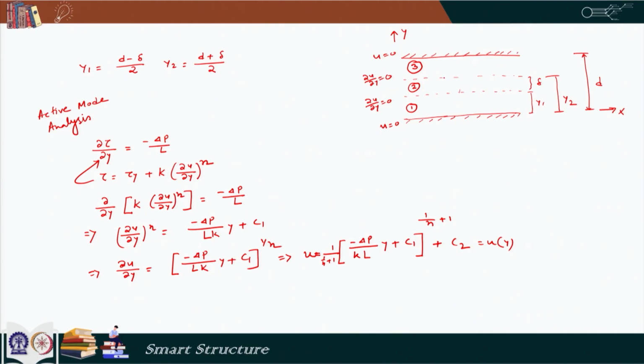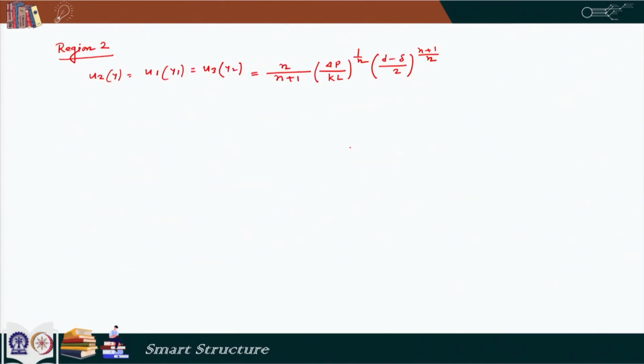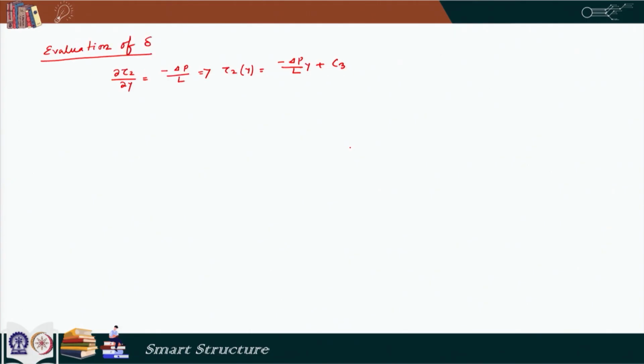So, in between region 2 and region 3, that means at the upper end of the plug region, tau is equal to minus tau y. If we put these two boundary conditions, that can help us find out the constants and the thickness of the plug region.